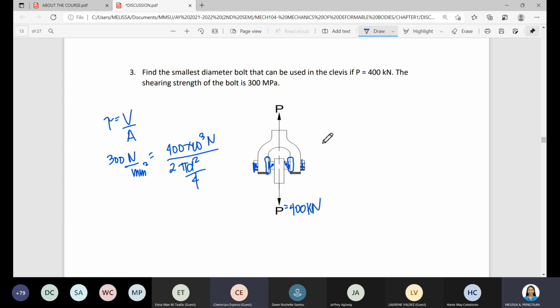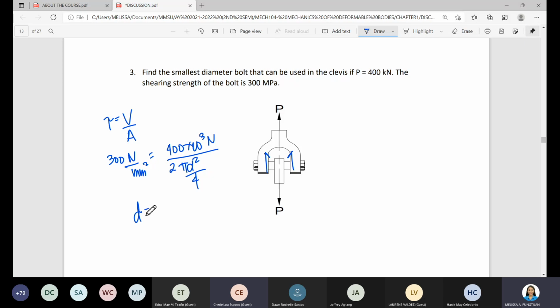Ito yung sinasabi natin ngayong double shear. So, ang concept nito, again, there are two resisting areas here. Kaya double shear. Pinipigilan ng dalawang area na to yung paggalaw ng ating clevis. Okay.